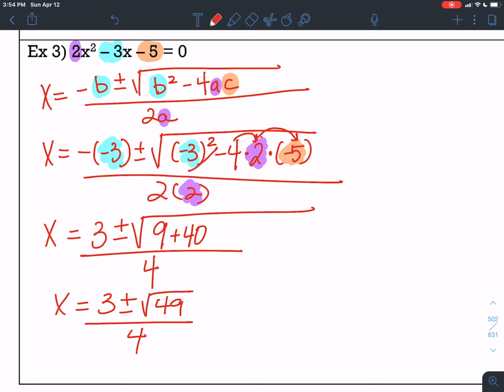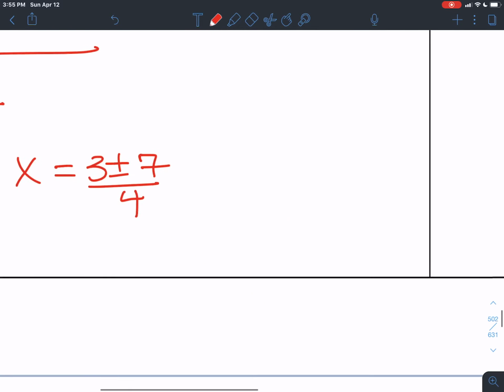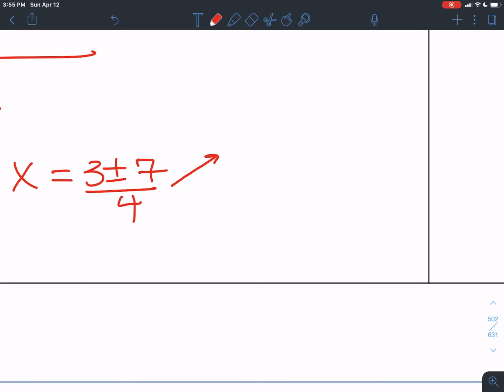Now I can go ahead and simplify the radical. What's the square root of 49? Well, it's 7. So if I get something that's simple like this, I just go ahead and break it apart.